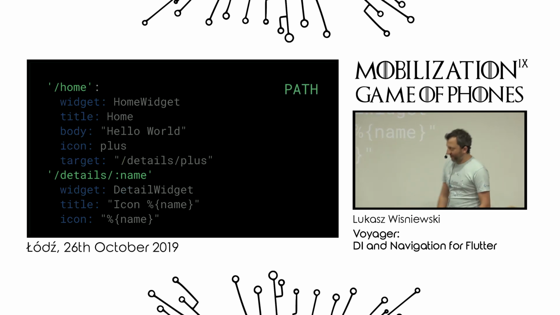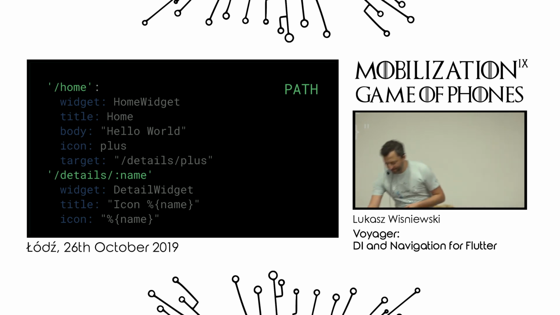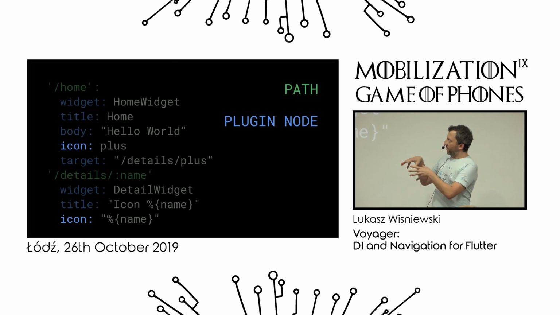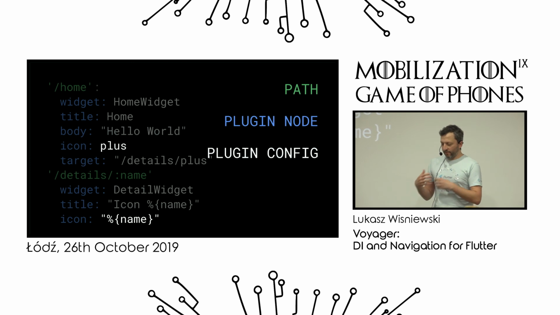So how is this file organized? On the top you have paths, which are addresses for your screens, and underneath you describe what these screens are made of. You have plugin nodes on the left, and on the right the value description.